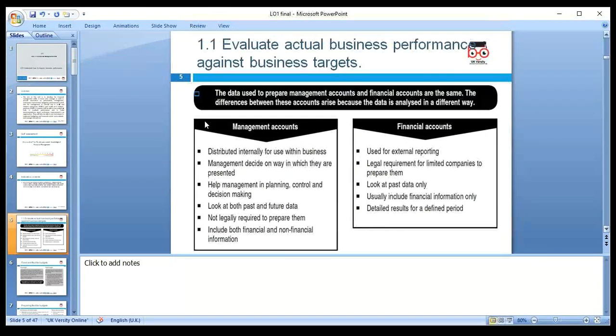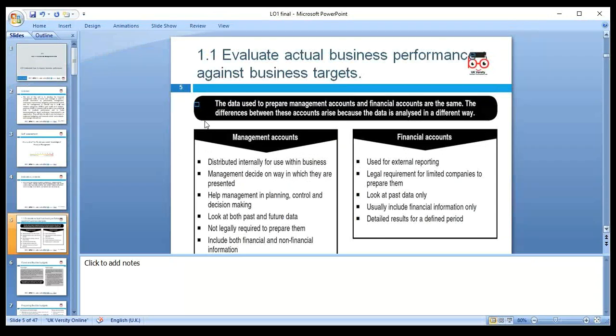So first of all, we have 1.1, evaluate actual business performance against the target. Because we're doing financial management control, we always need data to prepare the management accounts, whereas the financial accounts are normally external. So the difference is in how the data is used.